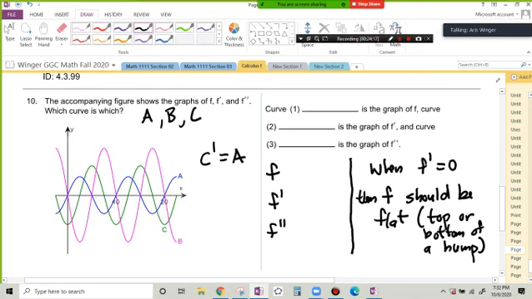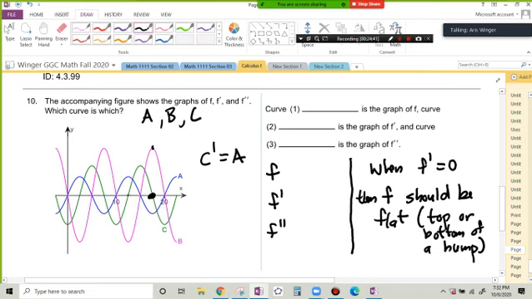So now the question is, is C saying something about B? Oh, it looks like it is. When C is 0, B has a hump. So now let's see if that always happens.